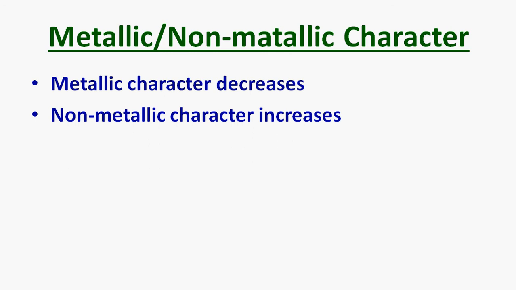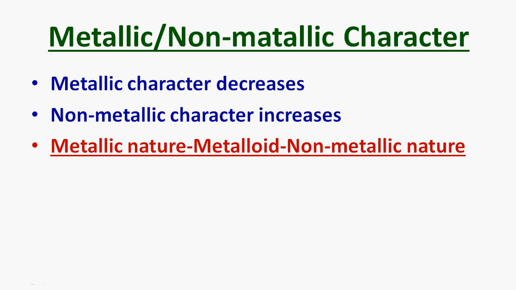Okay, so you know that if metallic character is decreasing, obviously non-metallic character will increase. So this is the order. We know that in the periodic table, on the left hand side there are metals, in the middle there are metalloids, and on the extreme right side there are non-metallic elements present.